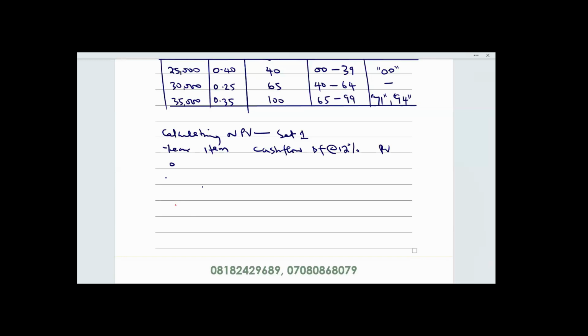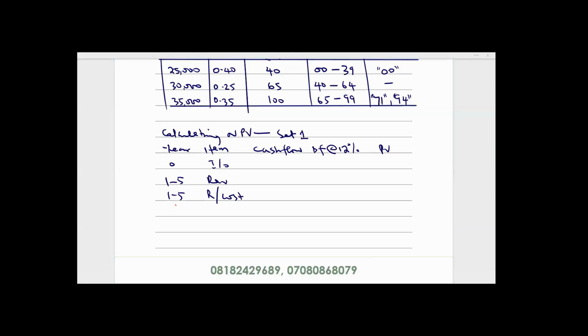Year 0, year 1 to 5, year 1 to 5. Initial outlay, revenue, running cost. For set 1, the random number for revenue is 30.